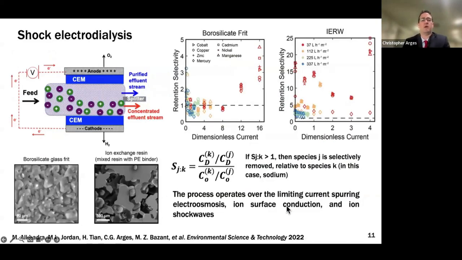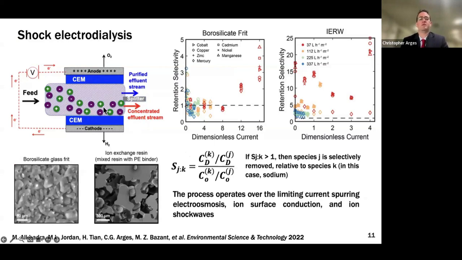So one area that we've worked in here, just to illustrate the importance of selectivity, is with Martin Bazant and his team at MIT. They've developed this method called shock electrodialysis. It's a single compartment that has a splitter here at the end, and you have a porous conducting medium here. Historically, they've used borosilicate glass frits, which don't have a lot of formal fixed charges on them.